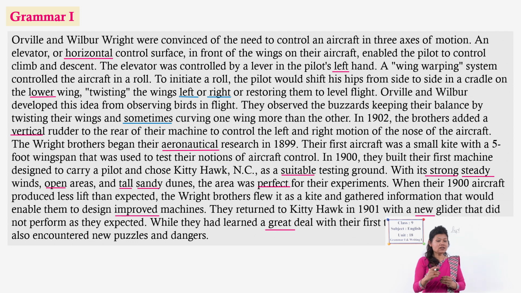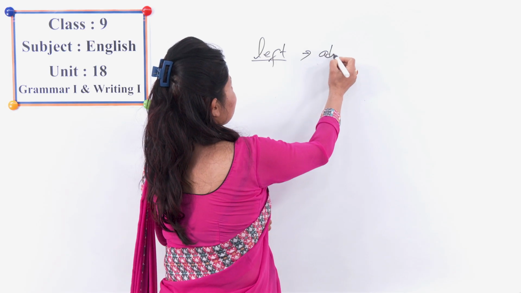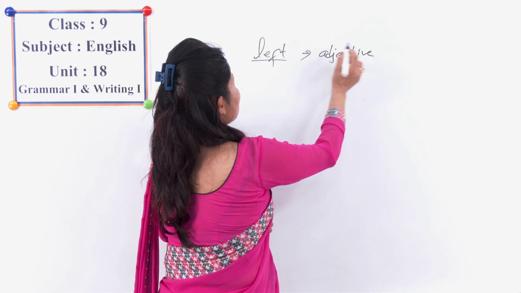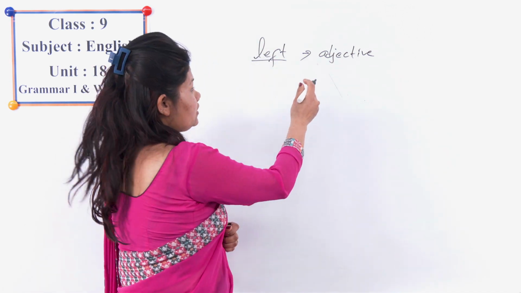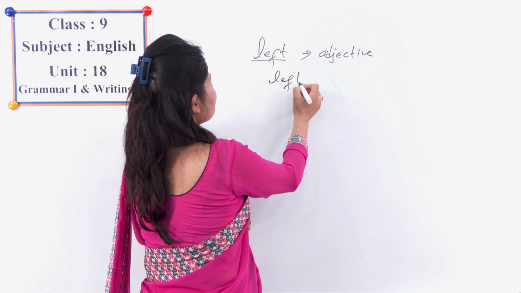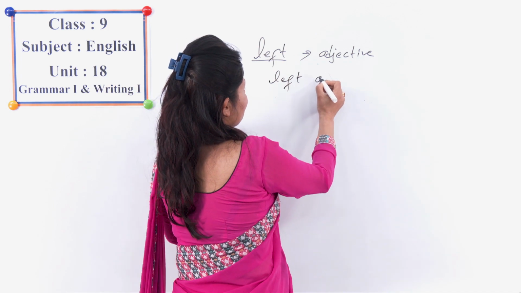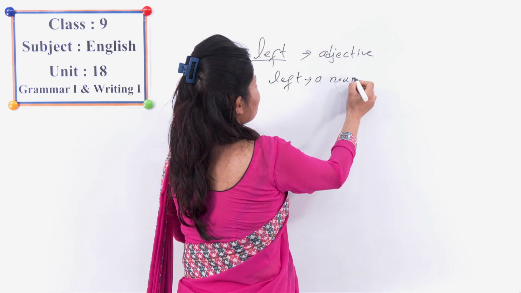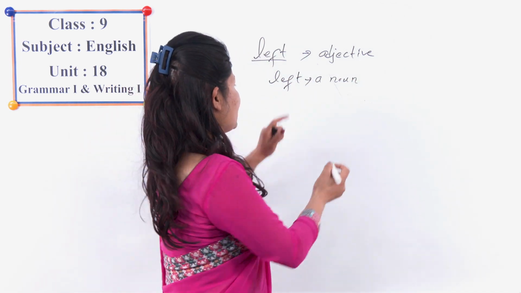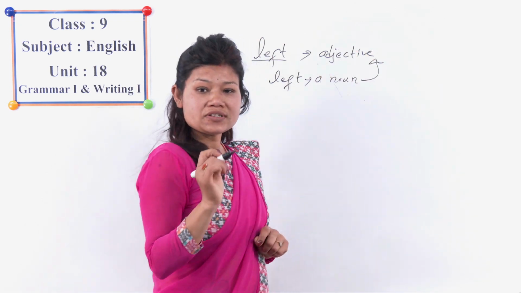Here left describes hand; it answers which hand. So it modifies hand, and in that sense it is an adjective. It means if left is followed by a noun or pronoun, then it is an adjective. Do you understand?